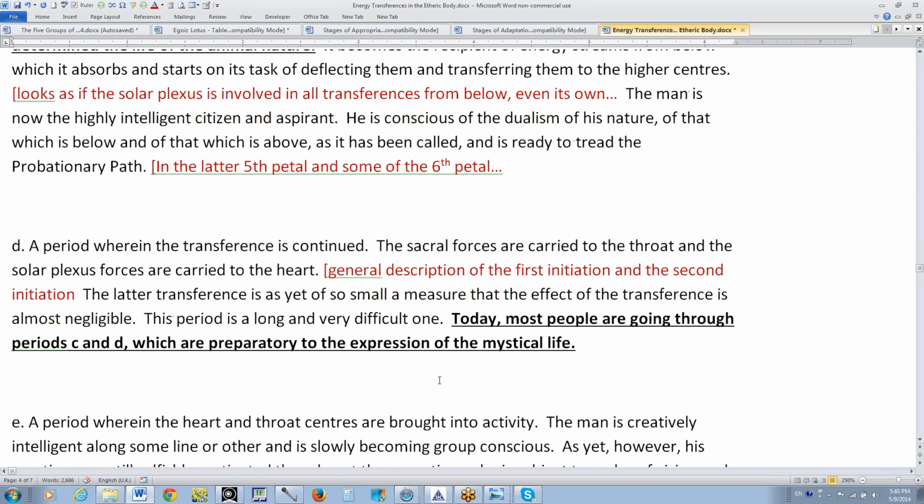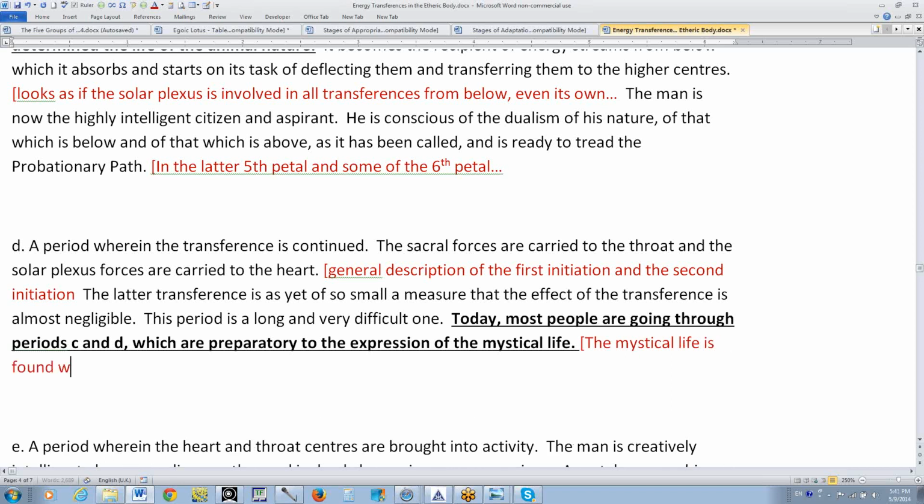C and D, sacral centers to the throat and so forth, C and D prepare for the mystical life, and the mystical life is found with the probationers in human group number 7. Shall I call it human group? Shall I call it soul group? Sometimes DK calls it soul group, and one way of discussing it is as the human group.